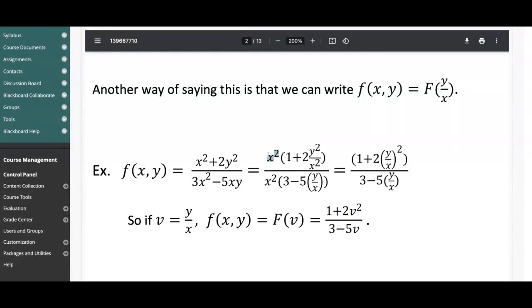And then we see the common factor of x squared. x squared becomes 1. So we're left with 1 plus 2(y over x) squared, over 3 minus 5 y over x. So this is another function with a variable of y over x.